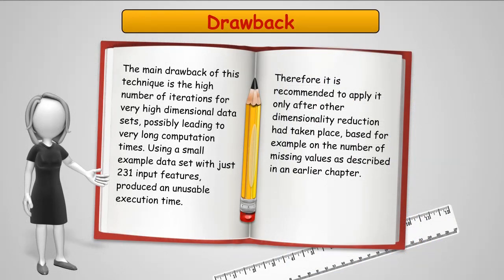The biggest drawback to this function is the time it takes to execute it. And that's because the number of iterations is very high with high dimensional data sets, leading to very long computation times.